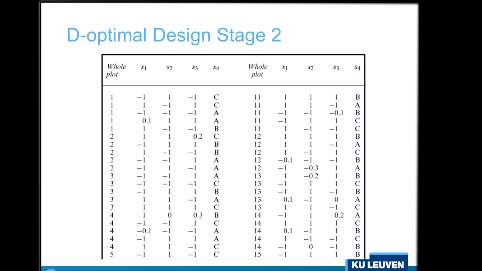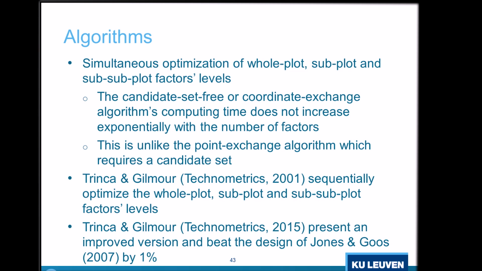We explicitly asked it to generate a design with 20 groups of size 5, 20 whole plots of size 5. And that design turned out to be substantially better than the ad hoc design that I created at the time. So it results in substantially better estimates for these 66 parameters.